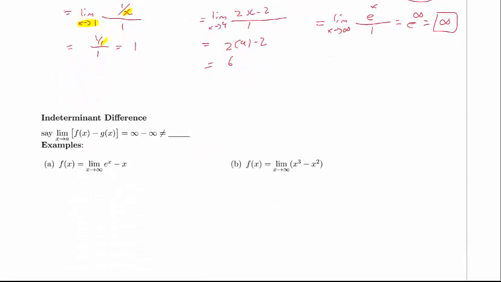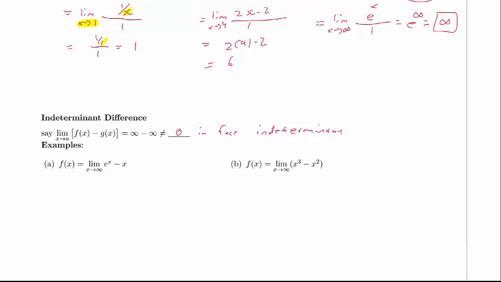All right, so down here for the indeterminate difference, we have this setup here. If we end up with infinity minus infinity, this does not equal 0, right? It is, in fact, indeterminate. And the reason for that is not all infinities are the same size. Some infinities are larger than others.